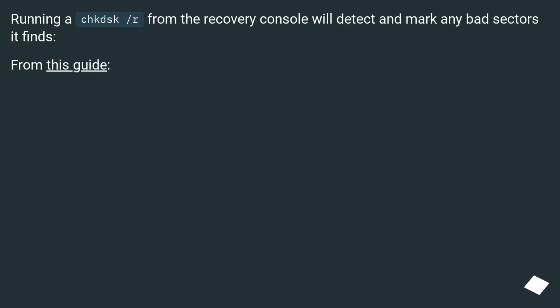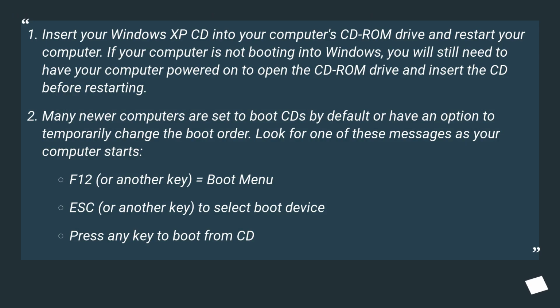Running chkdsk /r from the recovery console will detect and mark any bad sectors it finds. From this guide, insert your Windows XP CD into your computer's CD-ROM drive and restart your computer. If your computer is not booting into Windows, you will still need to have your computer powered on to open the CD-ROM drive and insert the CD before restarting.